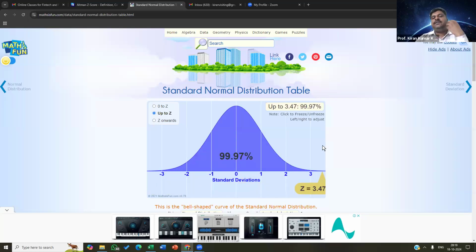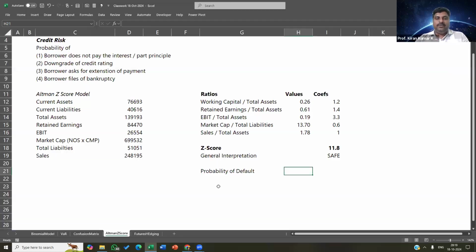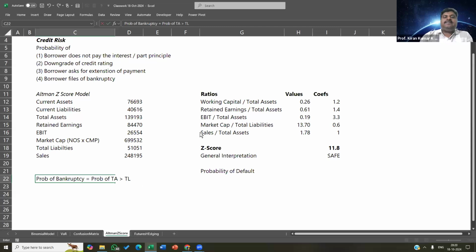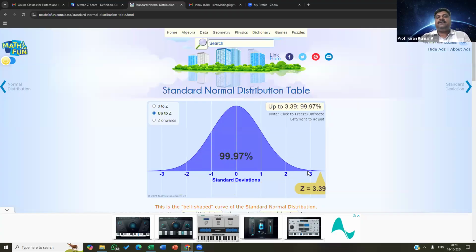Basically, what is the probability of bankruptcy? It is nothing but the probability of your total assets being more than total liabilities. Correct? So if you take all those probabilities and plot it here.